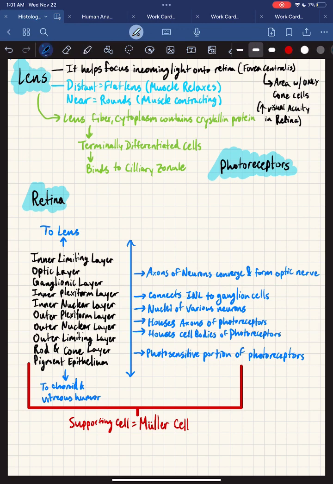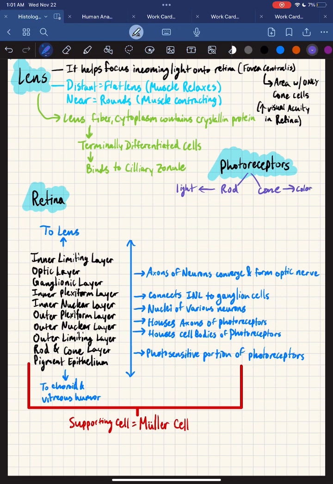Like mentioned previously, you've got two kinds. You've got the rod, you've got the cone. Now, the rod, it tracks light, whereas cone, it tracks color.